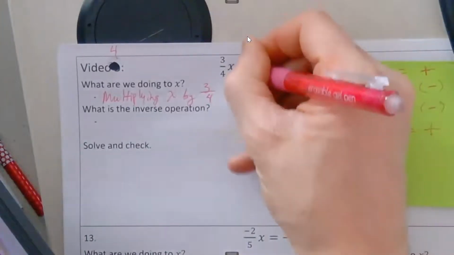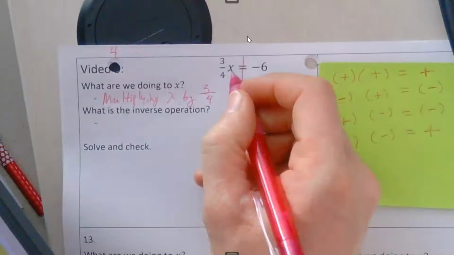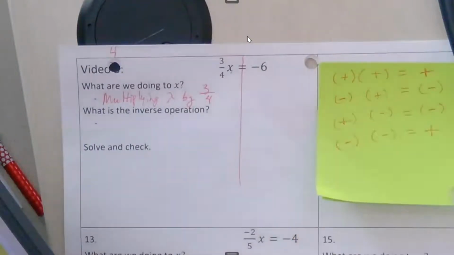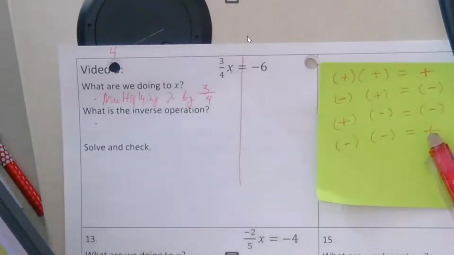Okay, well, we have to keep our equation balanced when we isolate x. So then our inverse, now this is going to sound weird because usually you think the inverse of multiplication is division. That's true, but we're going to talk about it a little bit differently here, okay?